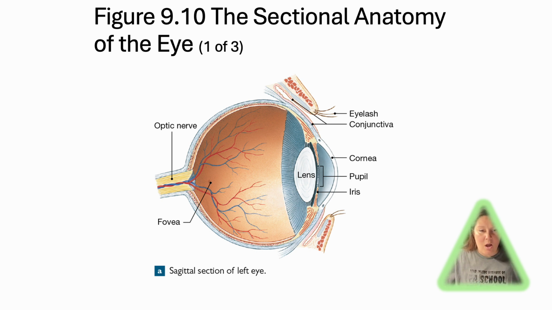So let's talk about the cornea, or I'm sorry, not the cornea, the sclera. The sclera is the outermost layer of the eyeball, and it is a tough structure. It's a fibrous layer. It's very tough, which is great because it provides support and protection.